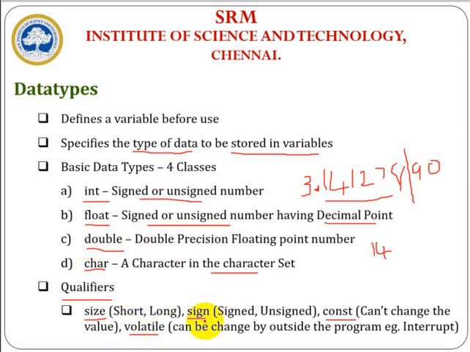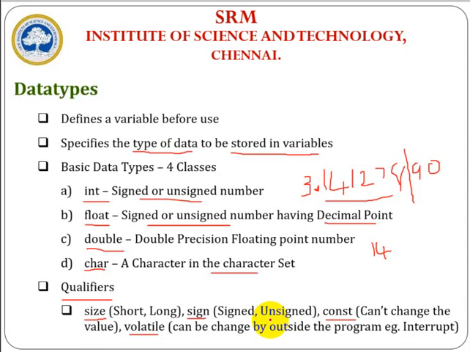And we have the sign qualifier, either signed or unsigned, as I said earlier. If you want to hold negative values, you need to write signed int and the variable name, so that it will take negative values. Suppose you declare unsigned int, then it will hold only positive values. It will not get any negative value in it.